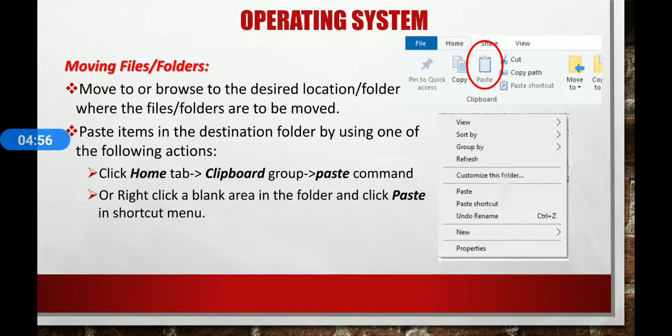Or just right click in the blank area in the content pane and click Paste in the shortcut menu, or you can use the shortcut key for paste, Ctrl V. So by following these steps, you can either copy or move a file from one drive to another drive.